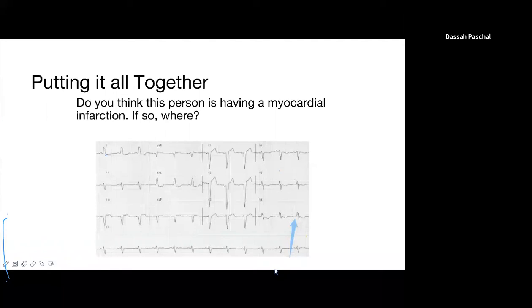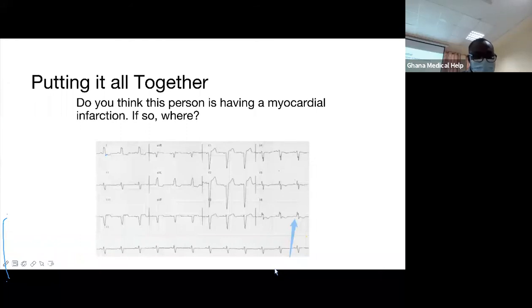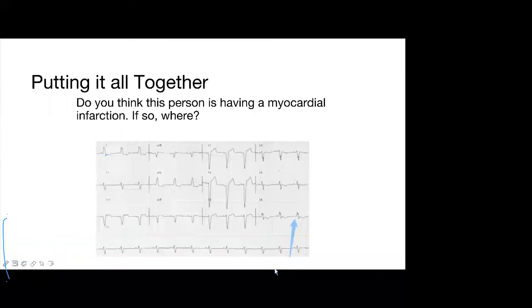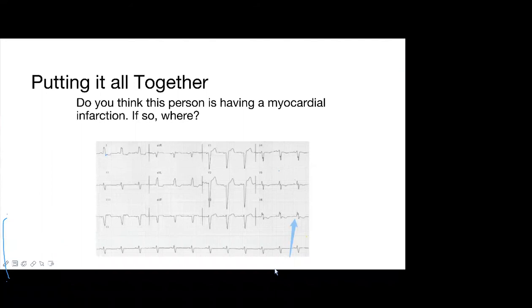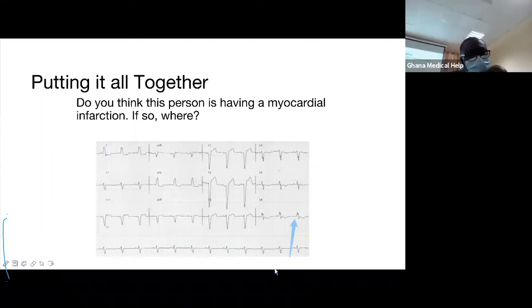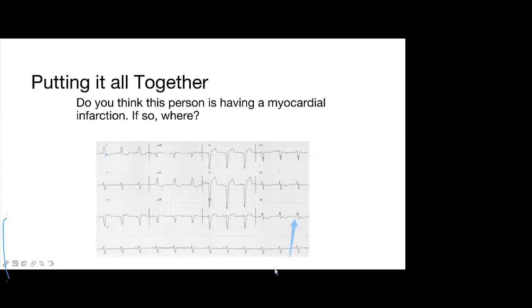Okay, so anyone who has an idea of this? Yeah, this is an MI, from lead V1 to V3. Just like we talked about, V1 to V3, which part of the heart do you think this looks at? The anterior part. Fantastic.